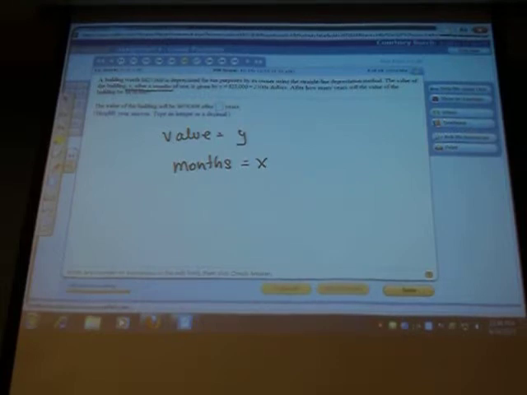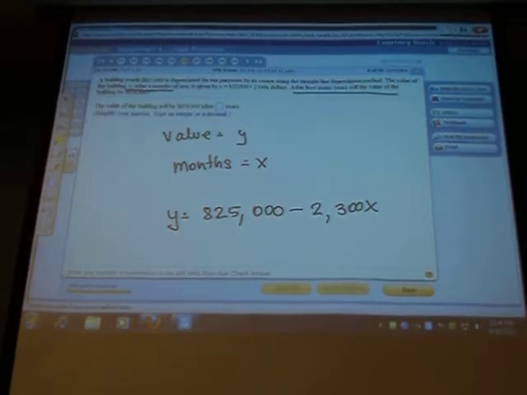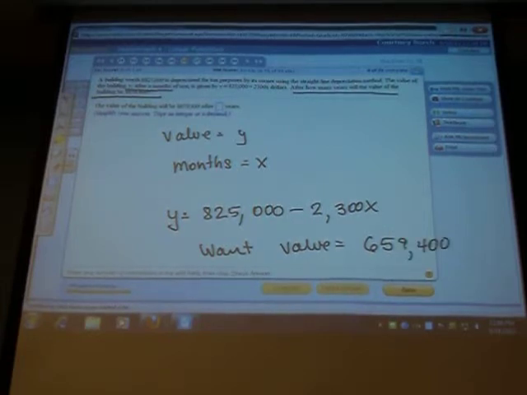It is given by Y equals 825,000 minus 2,300X dollars. After how many years will the value of the building equal 659,400?